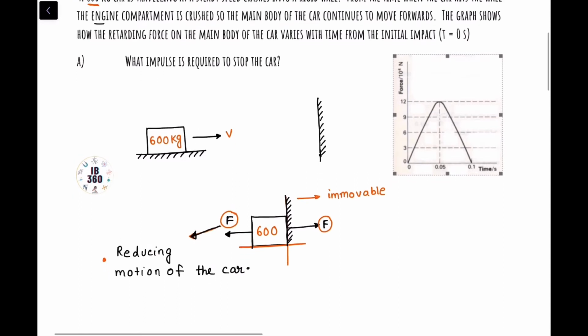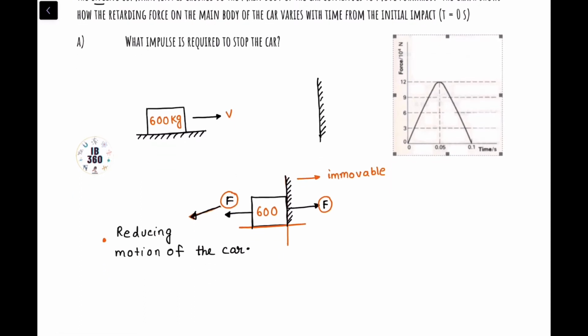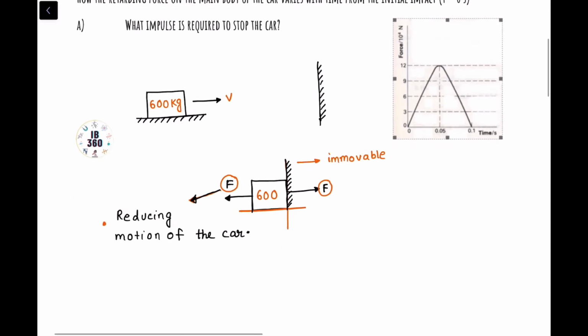Suppose initially the car was moving with the speed v. It will reduce the velocity of the car from v to 0, because it's acting in the opposite direction to the motion of the car.